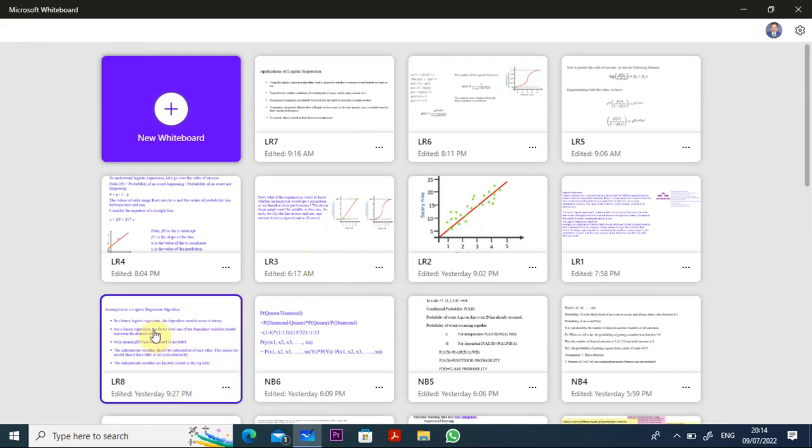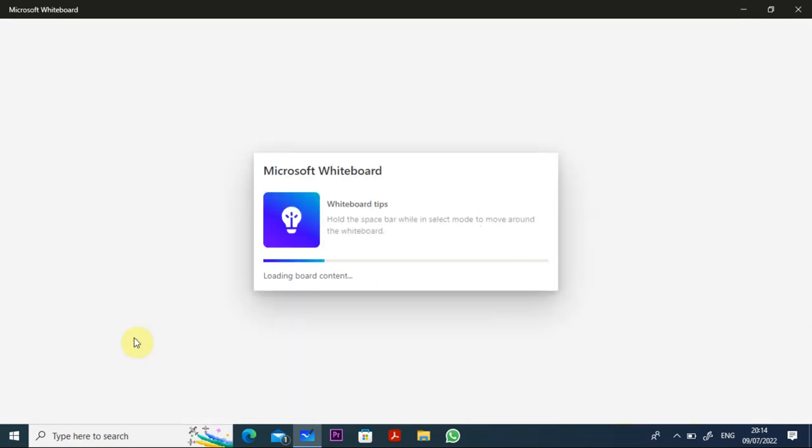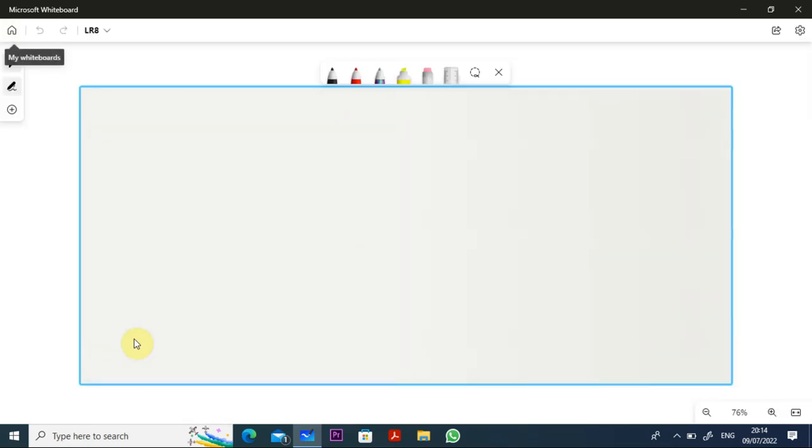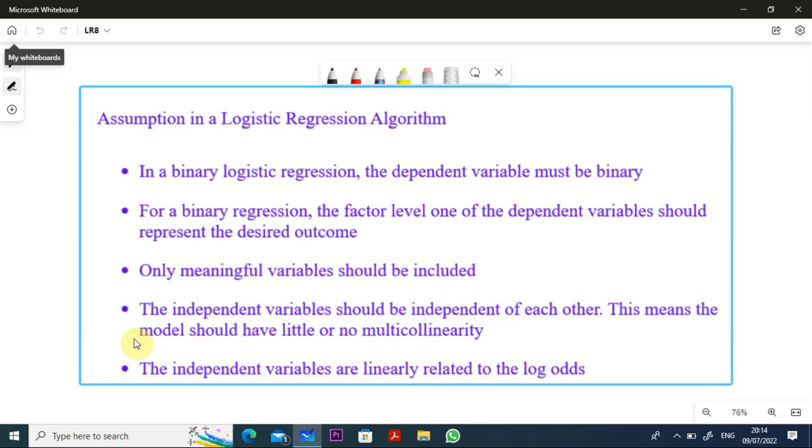Now we are going to the last slide, where we will cover what we have to remember, or the assumptions in logistic regression. The dependent variable must be binary. That's why we call it binary logistic regression.